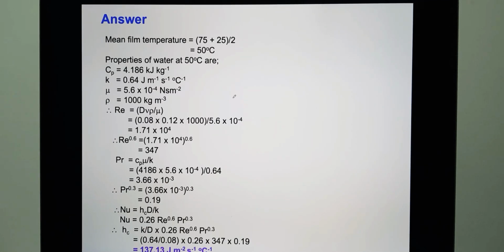From this problem statement, the first thing I did was list out all the physical properties that have been given, and then calculate the value of Reynolds. When I calculate it, it is 1.71 times 10 to the power of 4, meaning it is already greater than 200.